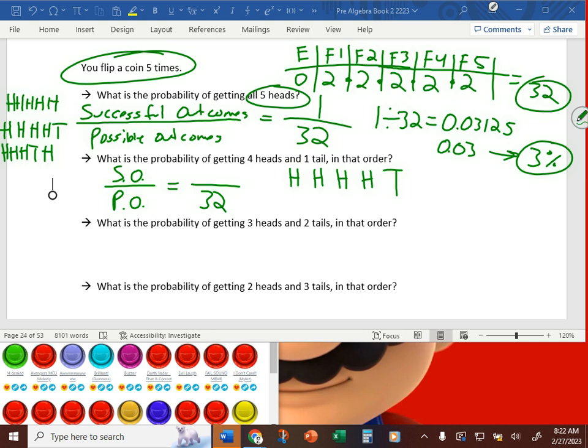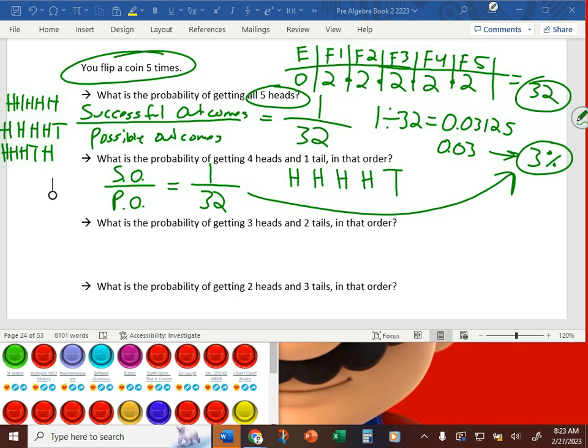Just 1, right? That specific outcome. So again, we're looking at a 1 out of 32 probability. Obviously our percentage would be the same here, 3%. It's the same fraction as above, so the same percentage.